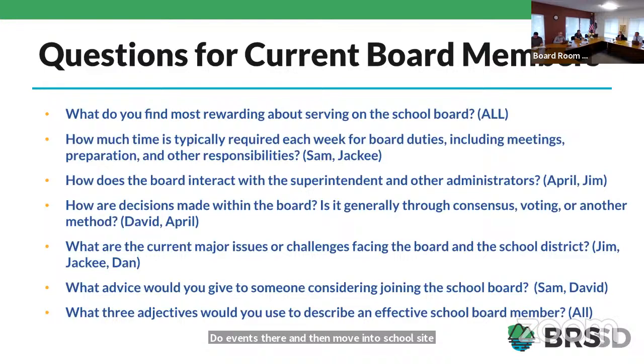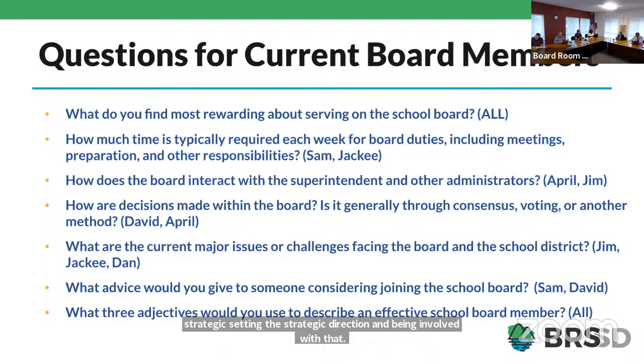But I enjoyed that strategic part of it at the school site, and I wanted to get engaged in helping think through the strategic direction of the entire district community and support them. I felt that it's a good fit for my background, and I thought that I could lend a perspective that maybe wasn't being heard, or even if it was being heard, that I could advocate on behalf of others. So I like the advocacy piece. I really like setting the strategic direction and being involved at that macro, high-level perspective.